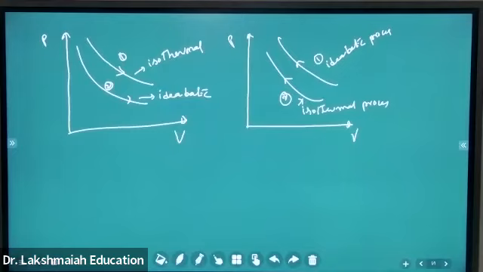What is the work done by the gas in the second process?